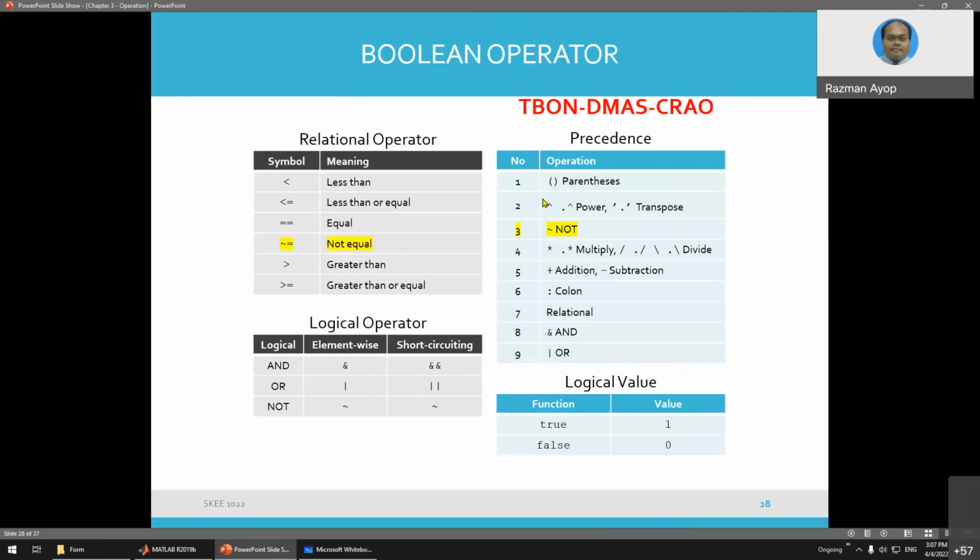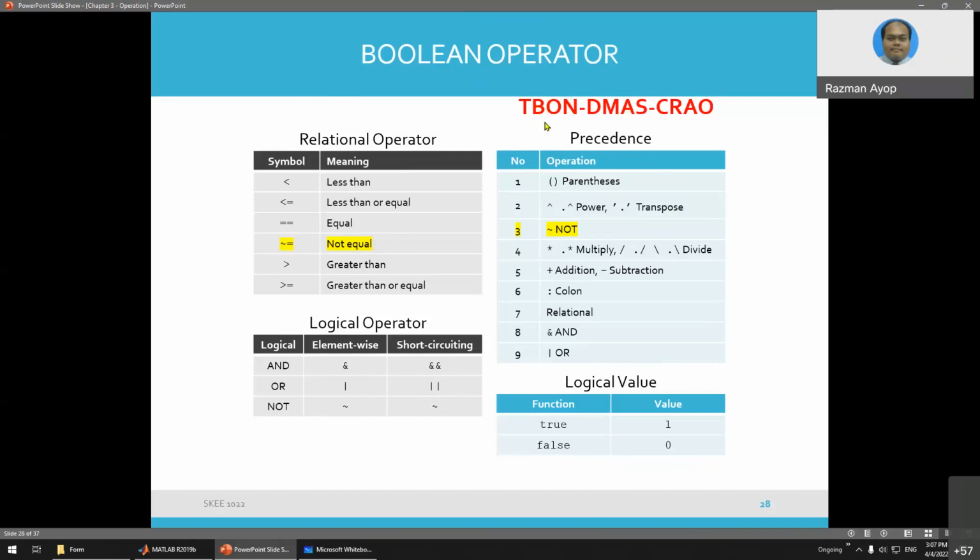And how about the precedence? Okay, for precedence, it's also almost the same as before. So because this is the same thing, but you have to add more things. Okay, so before this, I showed you the board mass.